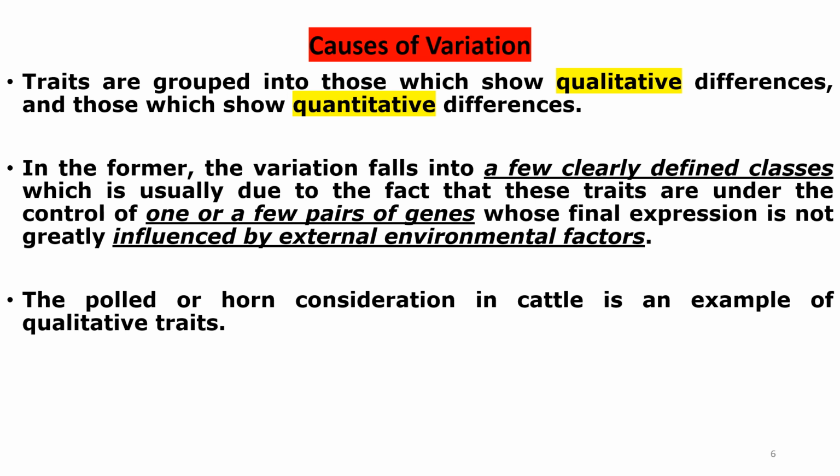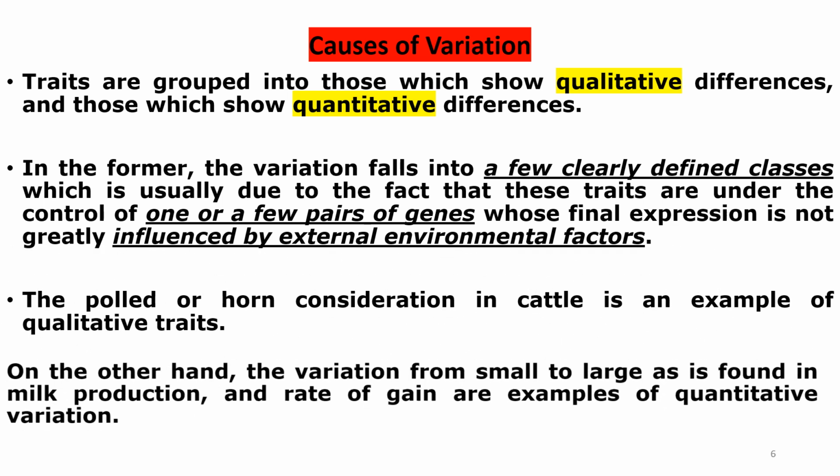The polled or horn consideration in cattle is an example. Some cattle have horns and some don't, and this having or not having is controlled by one or very few pairs of genes. That's what we are saying.